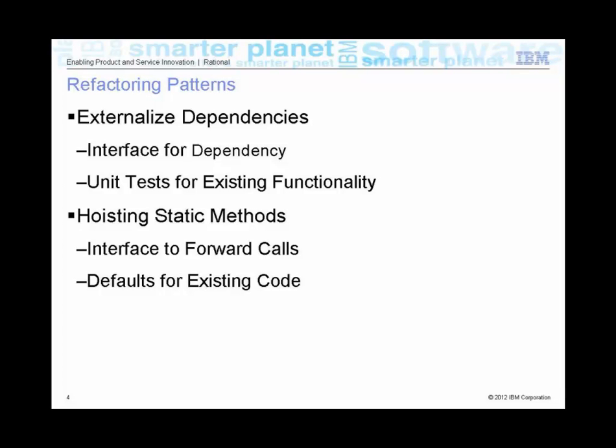If you have a series of static function calls from another class, we generally create an interface that lists the methods that we want to hoist out of this. We put them in a new class, and that allows us to mock, and we'll go through this in the code in a few minutes, that allows us to mock out those calls at JUnit test running time.